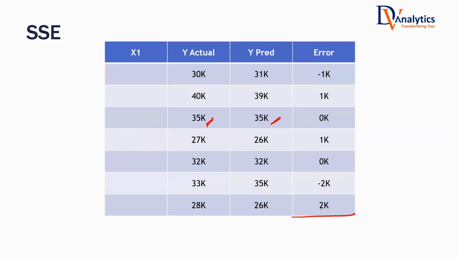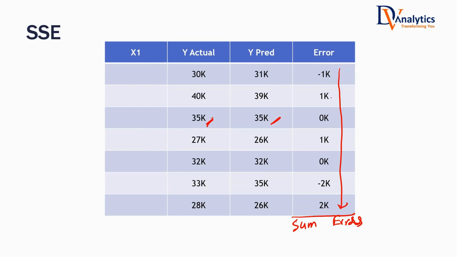Now for a good model, what should be this overall error? As minimum as possible. To get an idea of the overall error made by a model, can I take the sum of all the errors? Is that a good idea? The sum function has some issue here. If you directly take the summation of all the errors, what will happen?